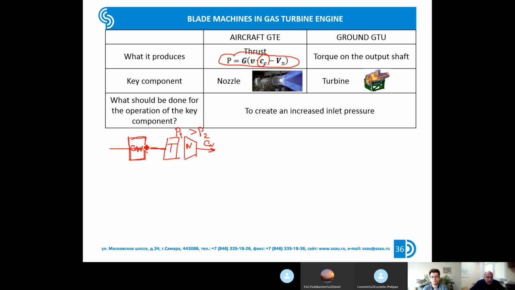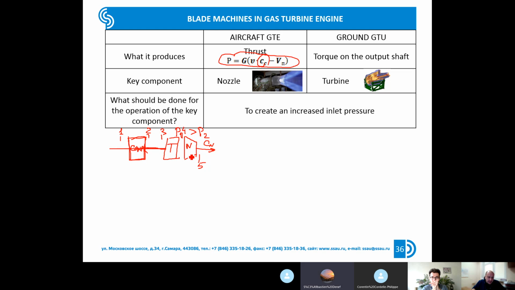And now we receive the next construction. We receive the engine which consists of the compressor, the turbine and the nozzle. And a very interesting but not very simple question: will such an engine create thrust?